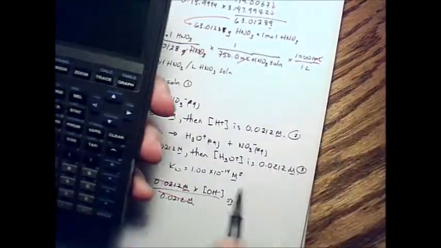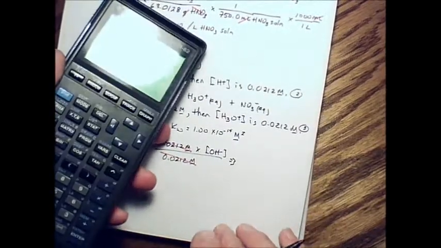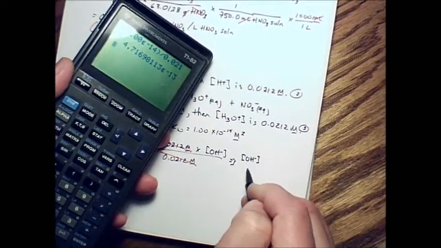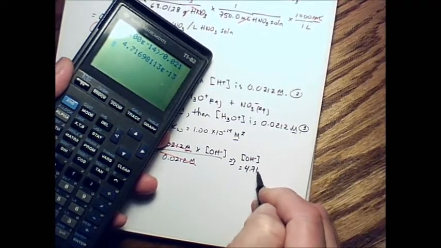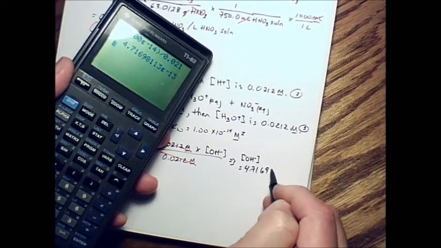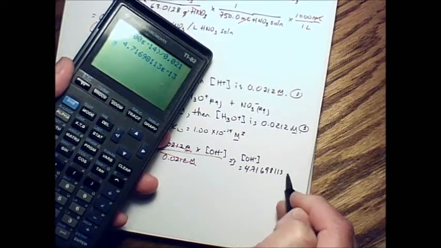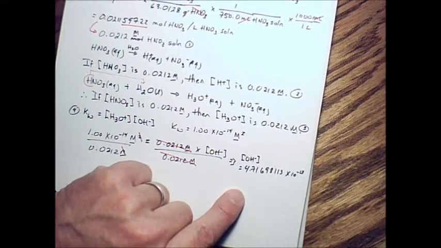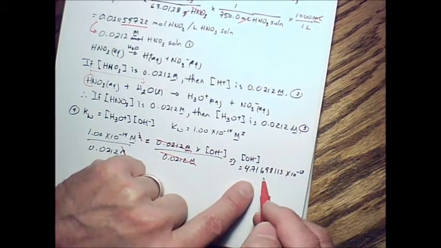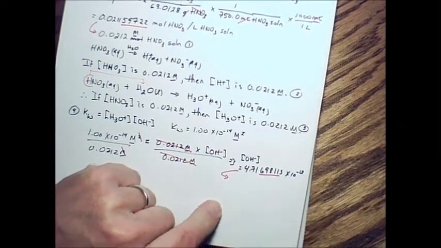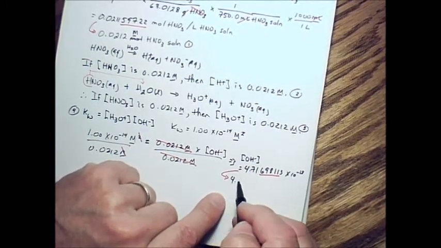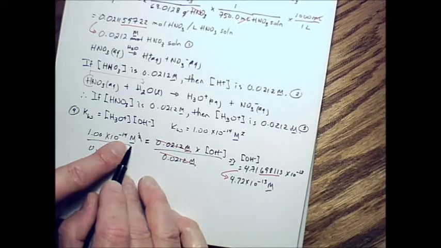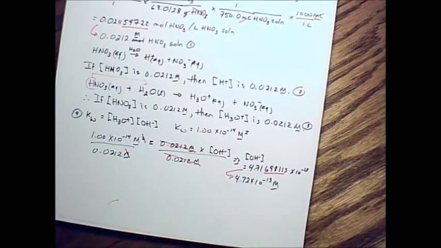All right, we found the hydroxide ion concentration is 4.71698113 times 10 to the negative 13. Okay. And we need to round that off to 3 digits. So we're going to get 4.72 times 10 to the negative 13 molar, because we've got molar left here. So that's the hydroxide ion concentration.